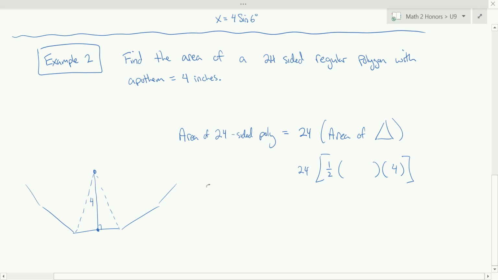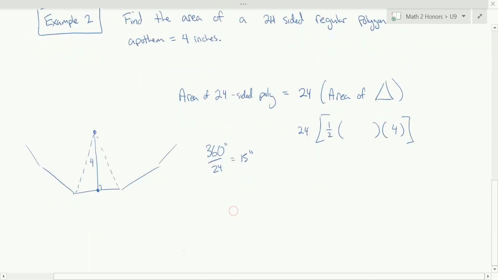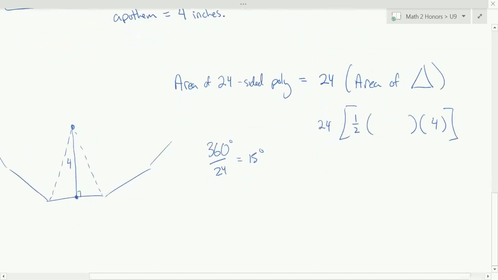So it's 24 sides, so I'm going to divide 360 by 24 to find that central angle there. And what do we get? 15. Okay, so 15 degrees. And even more so, we're going to just focus in on the right triangle. I'll let this side be x, this side will also be x, right? And so we're going to add those together at the end.